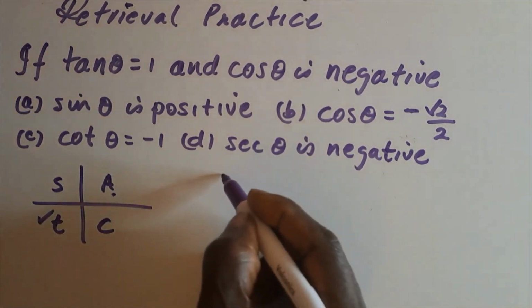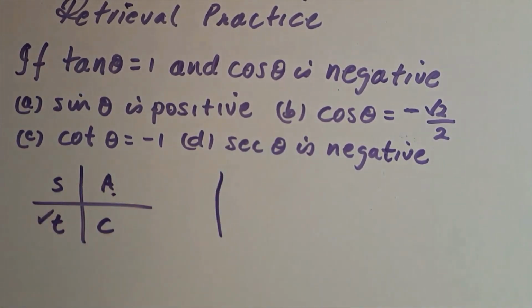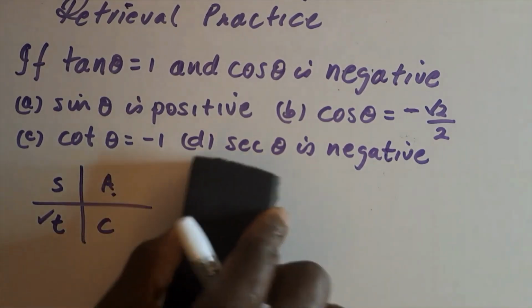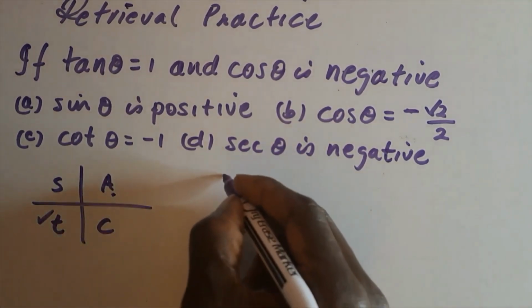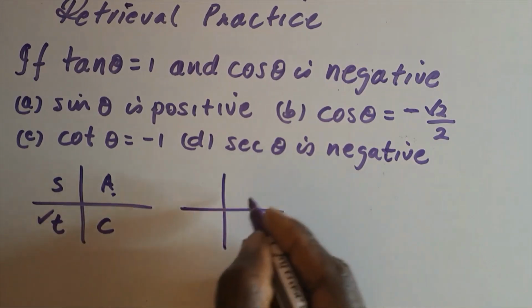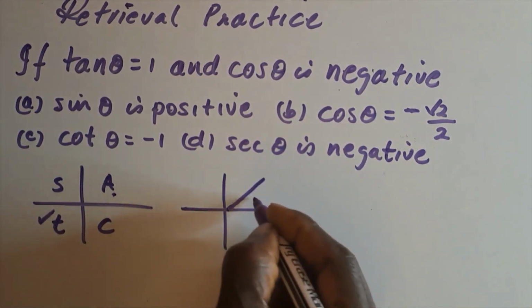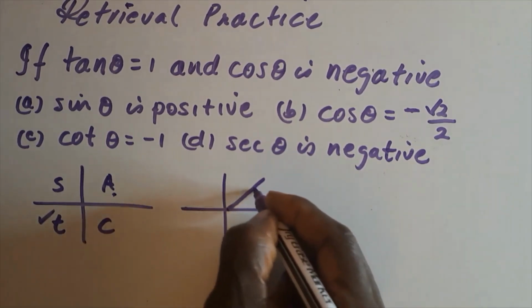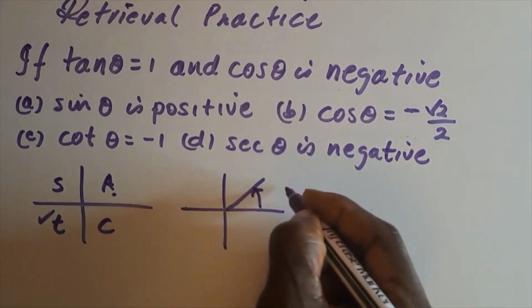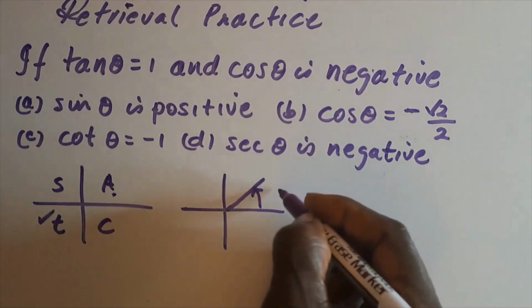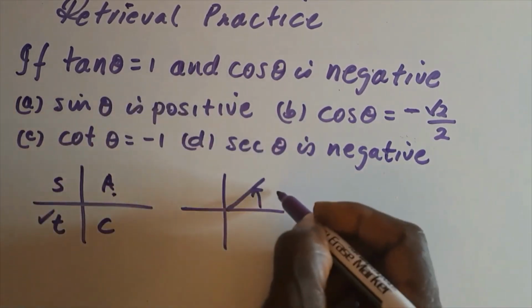So let's include the angles now in our quadrant. It's not in this quadrant here, but this is tan 45, the theta being 45, so tan inverse of 1 is 45.